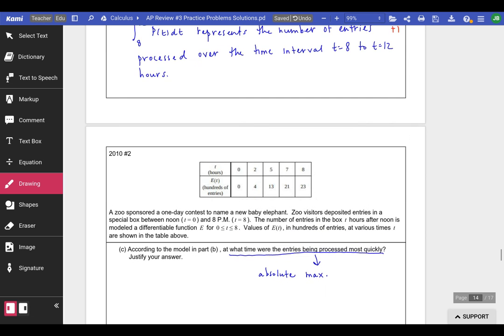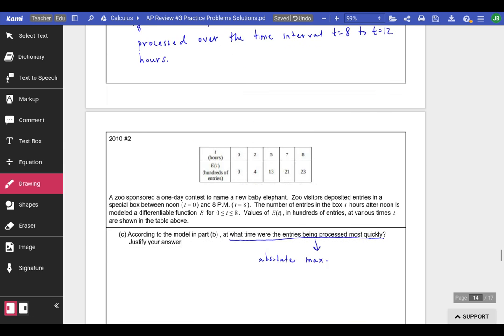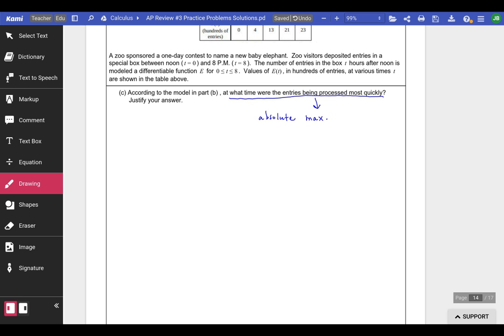We're still using this function P of t, so I'm going to copy that here. P of t was t cubed minus 30t squared plus 298t minus 976. That's the rate they're being processed, and I want to know when that rate is the greatest.